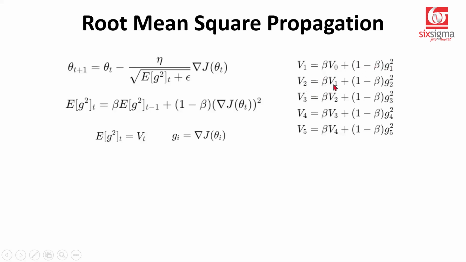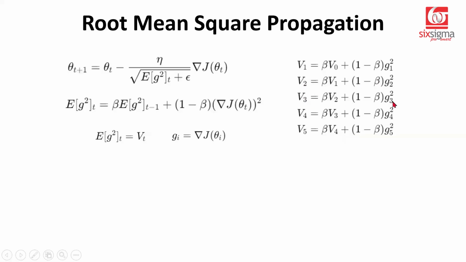Likewise, V2 would be using beta times V1, because it will take the previous time step, and the gradient at the current time step. So this g_2 or g_1 or g_i in general is representing the gradient at a given point. It's not the accumulated gradient. It's a specific gradient at a given point, whereas V0, V1, V2, V3 represent the accumulated gradient.